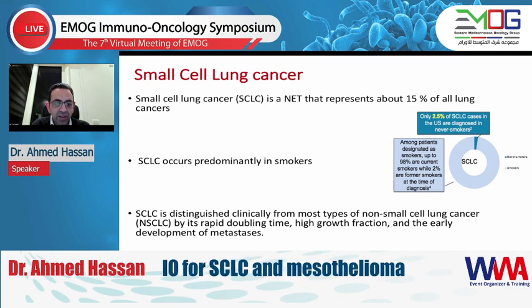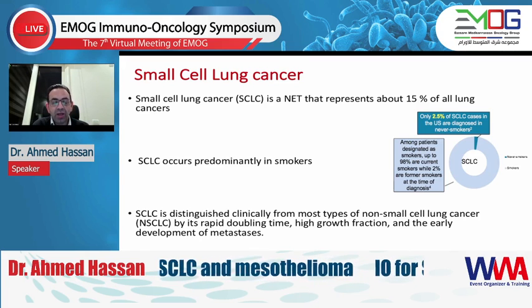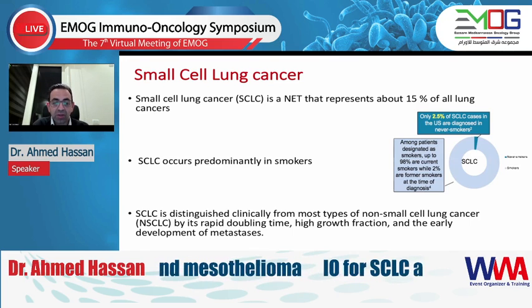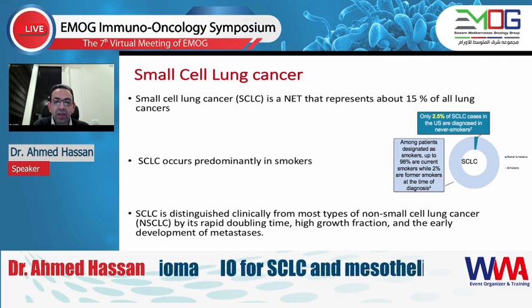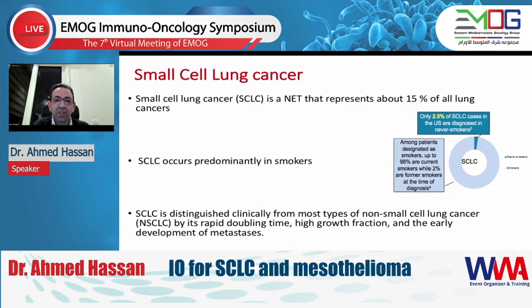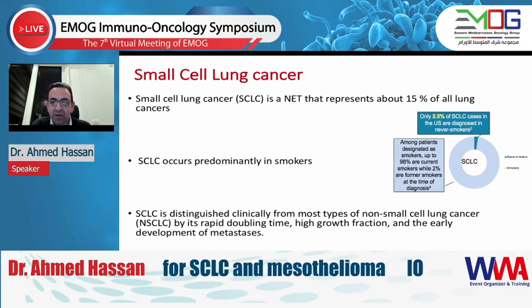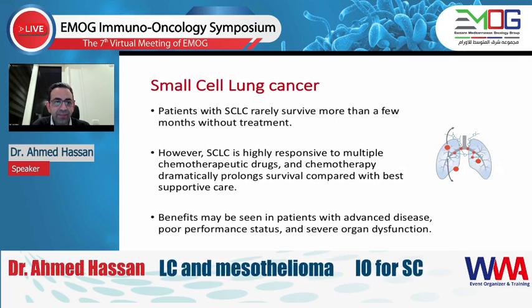Small cell lung cancer is distinguished morphologically, biologically, and in terms of prognosis from other lung cancers. It's completely different from non-small cell lung cancer. It has a very short doubling time, very high growth fraction, and a tendency to develop metastasis. It's almost always a systemic disease, even if it is discovered at a very early stage when it is still limited.